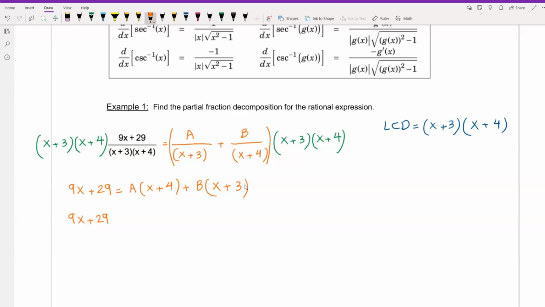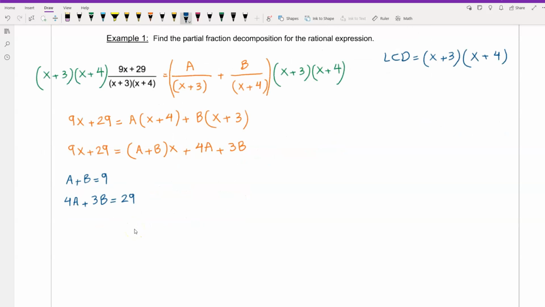Here we have 9x plus 29 equal to (A plus B) times x, plus A times 4 and B times 3, so 4 times A plus 3 times B. The last equation is an identity.